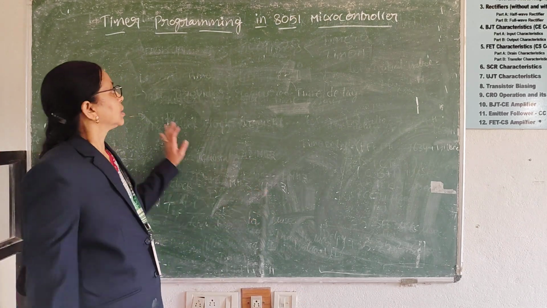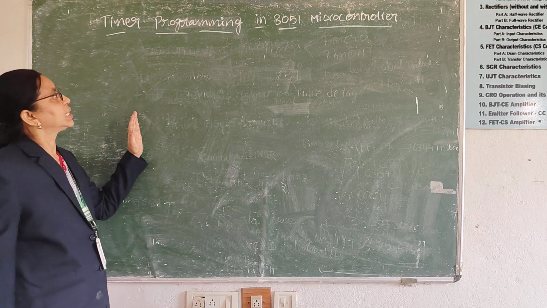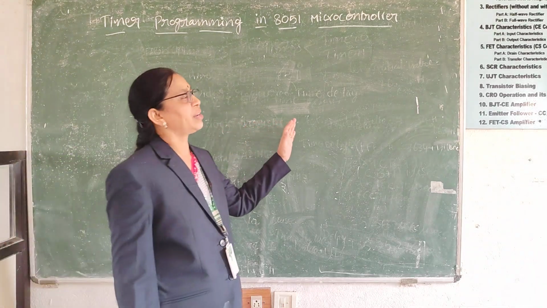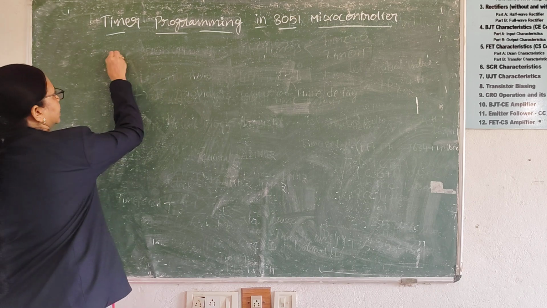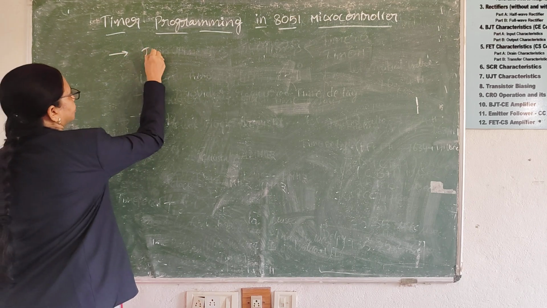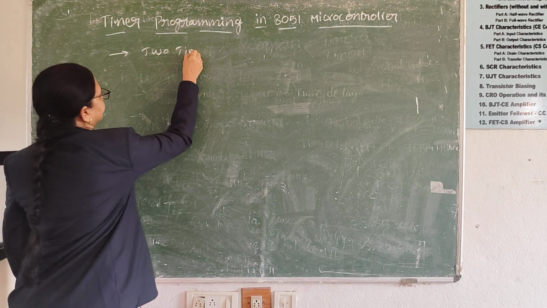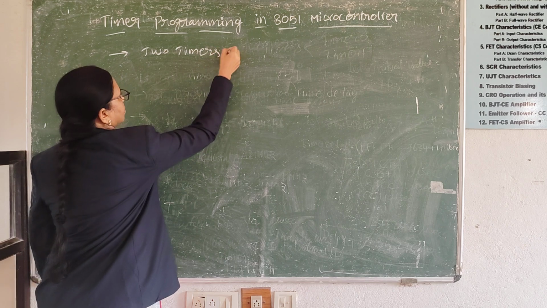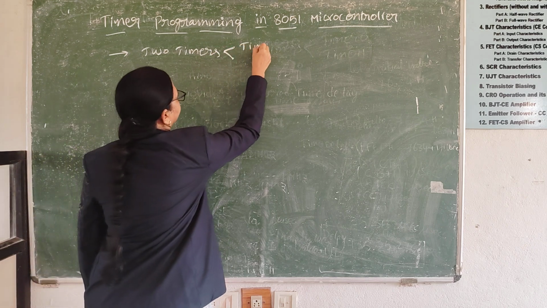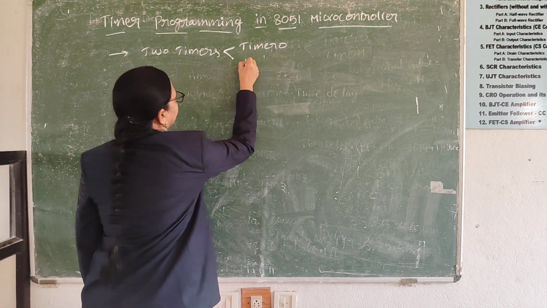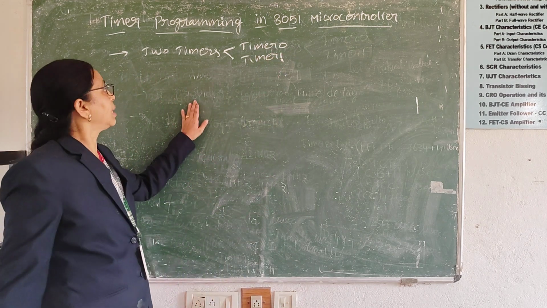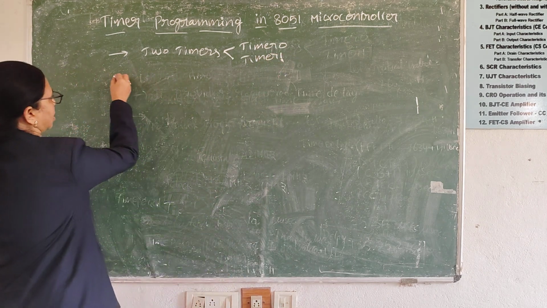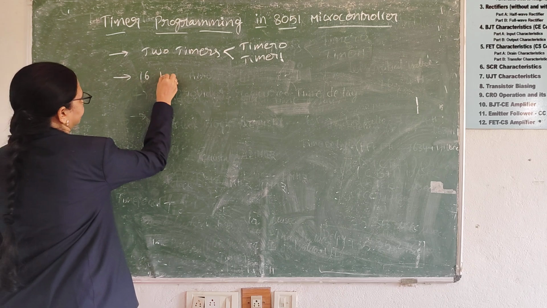Today we discuss timer programming in the 8051 microcontroller. In the 8051 microcontroller there are two timers, timer 0 and timer 1. These two timers are 16-bit timers.